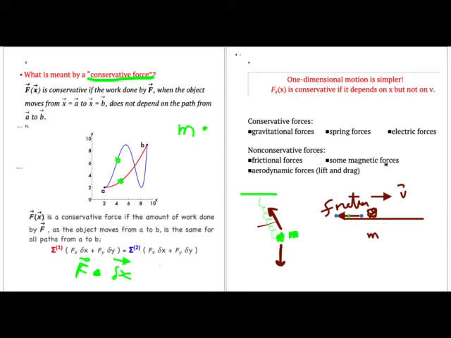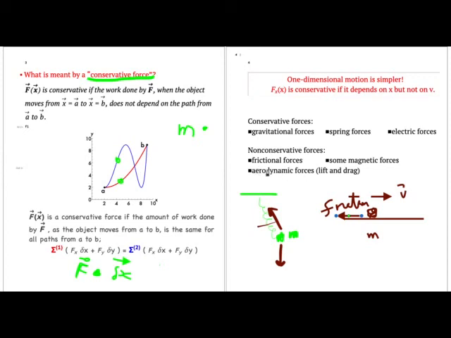There are some magnetic forces that depend on velocity. The magnetic force on a moving charged particle, like a proton, let's say, depends on the velocity of the proton. So that's not a conservative force, because the force depends on the velocity.